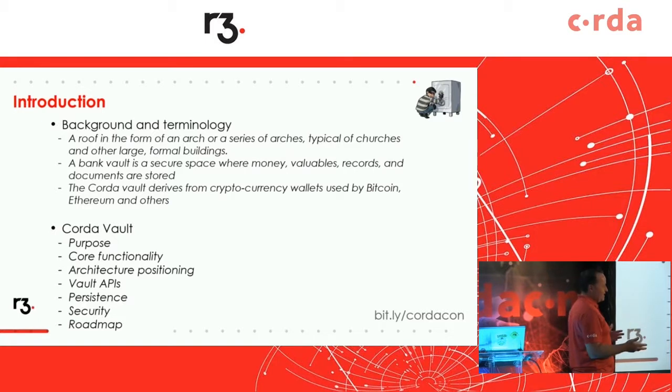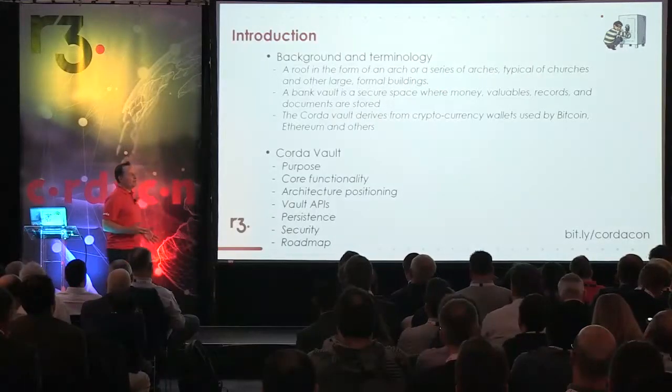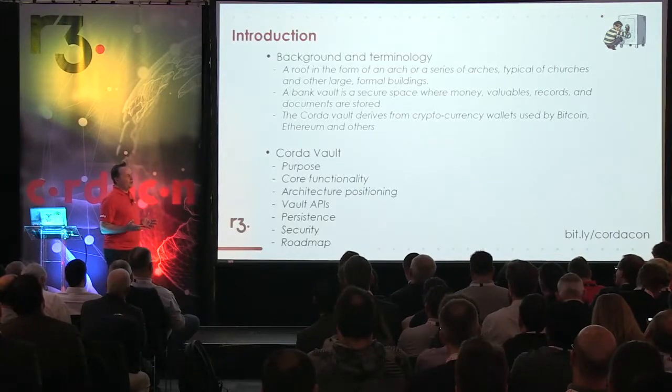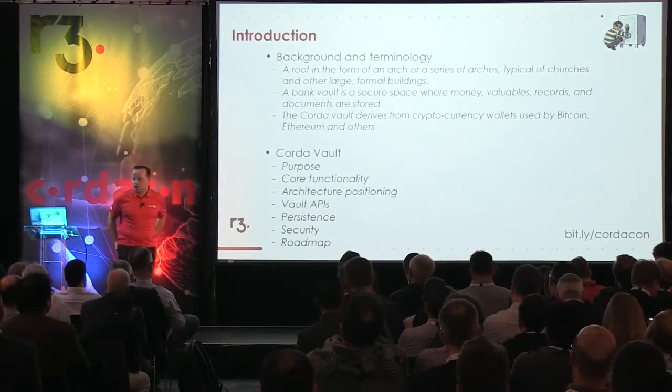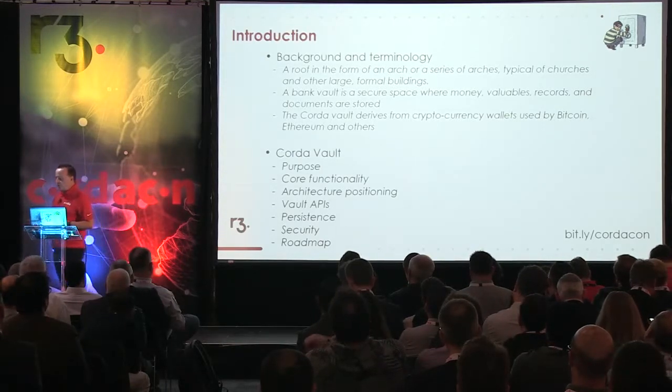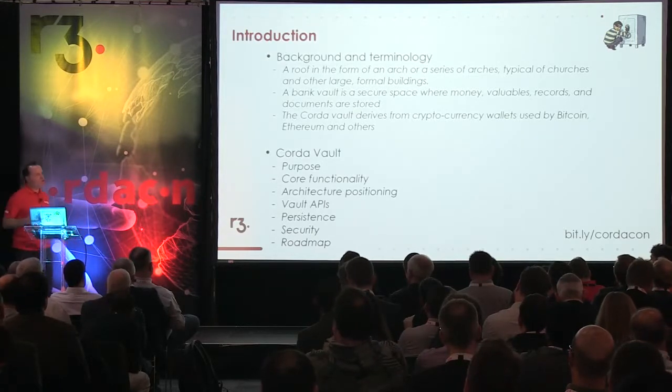If we take that definition into a bank vault, a bank vault is also a similar architectural, physical building, but in this sense, it's a secure space where money, valuables, records, and documents are stored. And the Corda vault is very much the same thing, but it's an electronic vault.